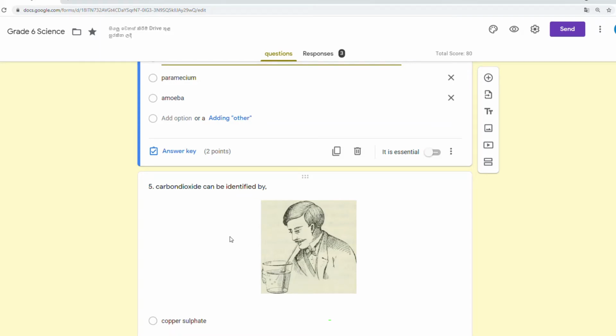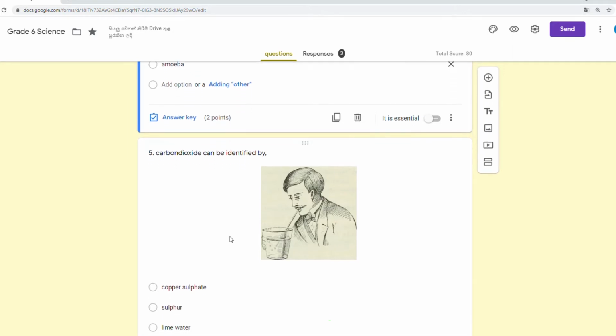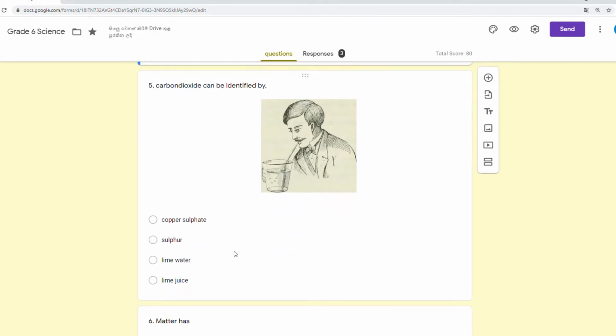So how do we identify the released carbon dioxide? In that test, we use lime water. I think you know the lime juice and the lime water. Lime juice is an acidic one.